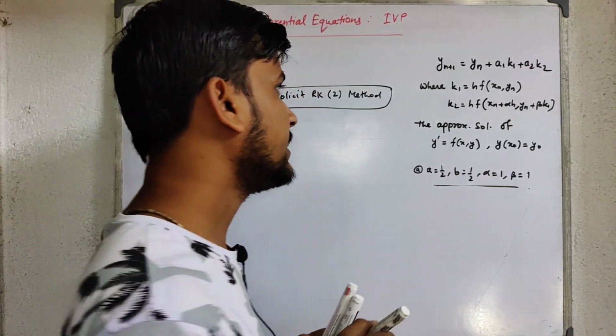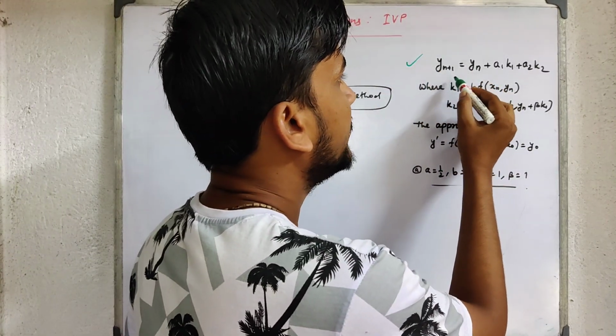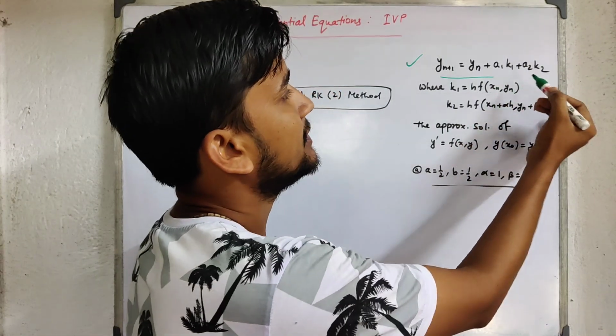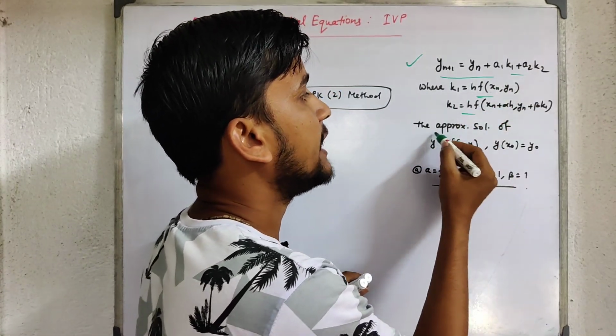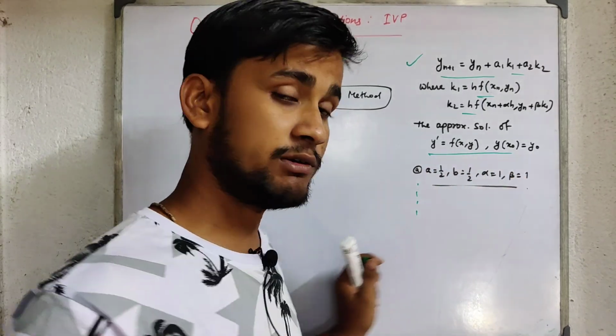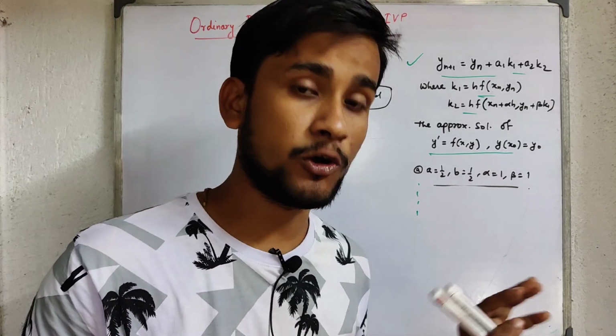Sometimes you see questions like this in the CSIR NET exam. Suppose you are given y n plus 1, let the RK method be this one, where k1 equals this, k2 equals this, then the approximate solution of y dash equals this, and there are 4 options and you have to find the correct option or options.